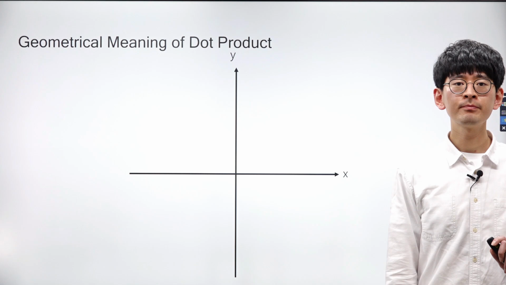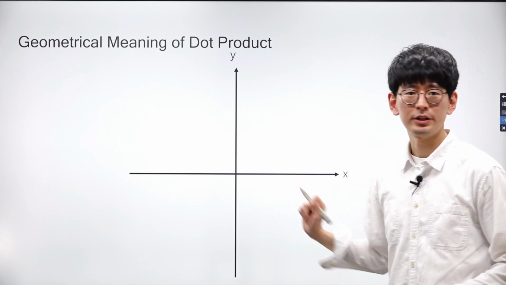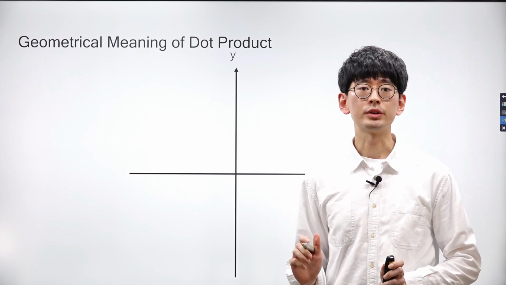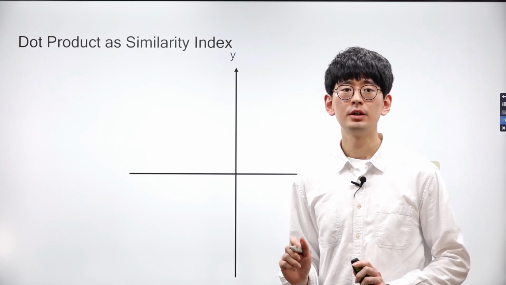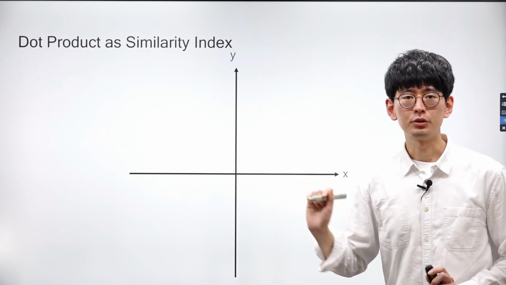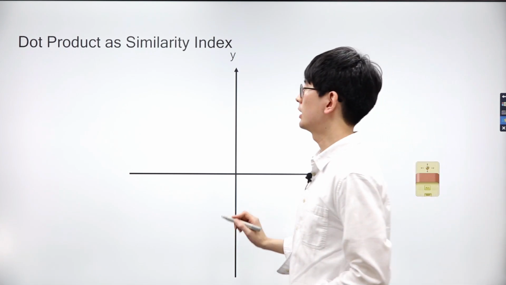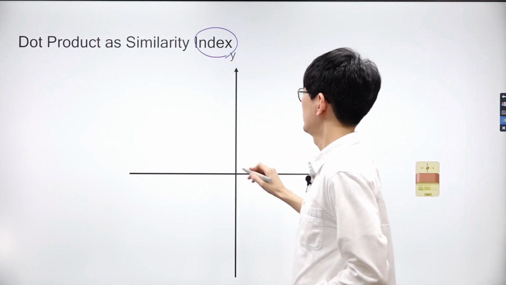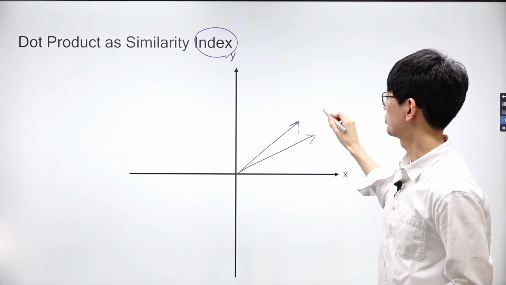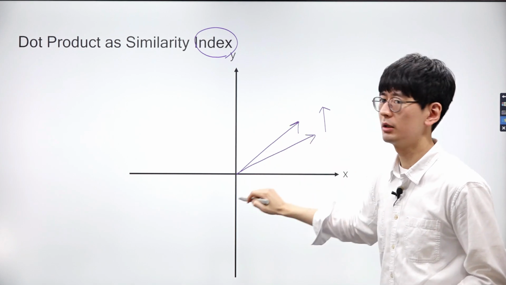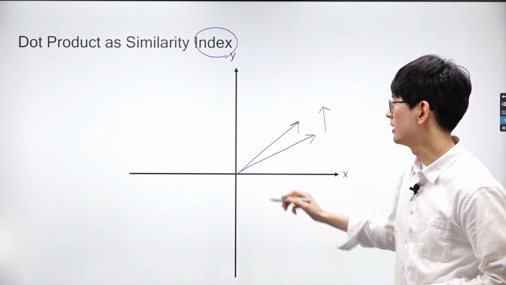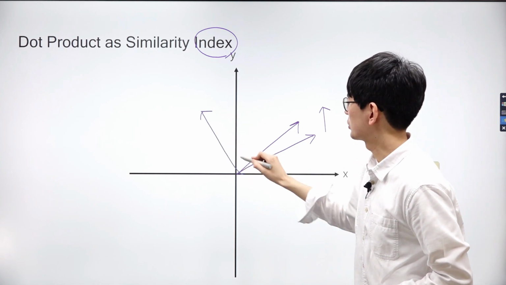It's crucial to remember the geometric interpretation of the dot product of vectors. We calculate the dot product of two vectors when we want to measure the relative movements between them. Thus, we can use the dot product itself as an index representing the similarity between the vectors. If the angle between the vectors is narrow, we'll get a high value for the dot product. If the two vectors are perpendicular or have a wide angle, then we'll get a low value for the dot product.